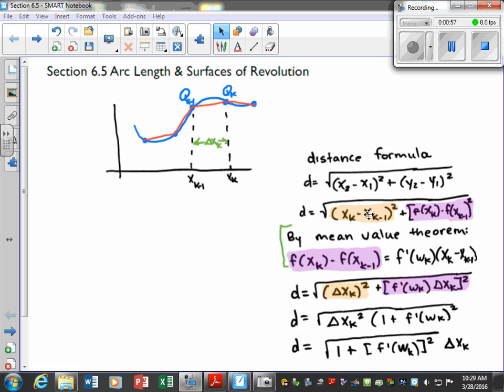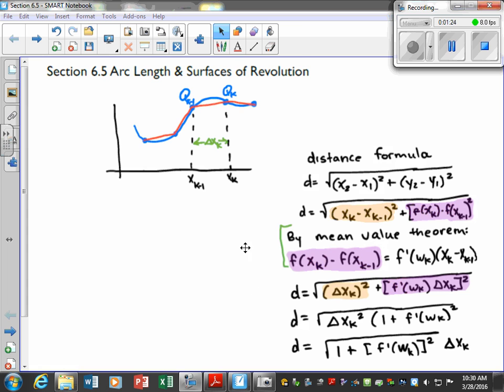So basically this is our change in x squared plus change in y squared that's related to our graph. Now by the mean value theorem, this change in y values can be represented as f prime of w sub k times x sub k minus x sub k minus 1. So there's some value w sub k in between here by the mean value theorem.